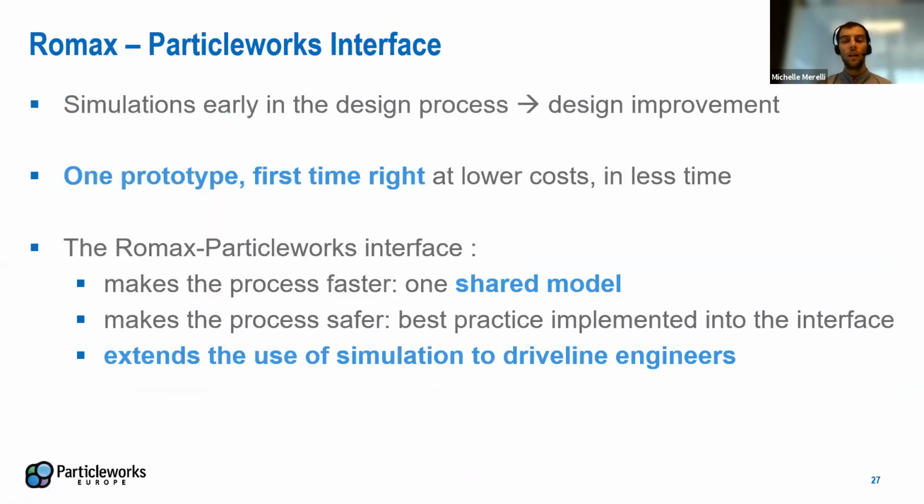So in general, what we want to do in this case, but also in the Emotor case, is to have a virtual prototype that is right at the first time, at the first design. So again, the coupling with Romacs further expands our capability to speed up the simulation process and to integrate it in the design phase.